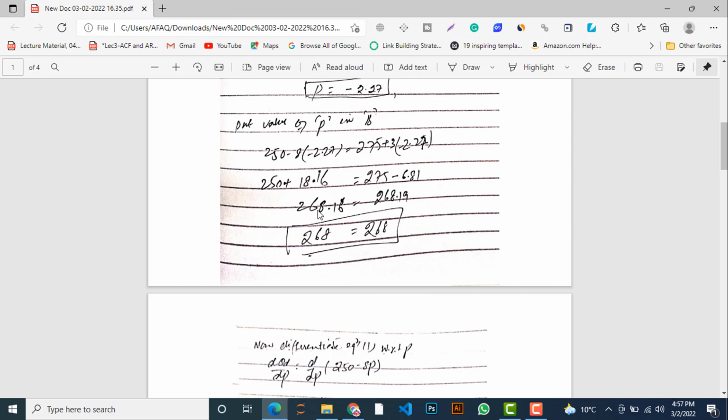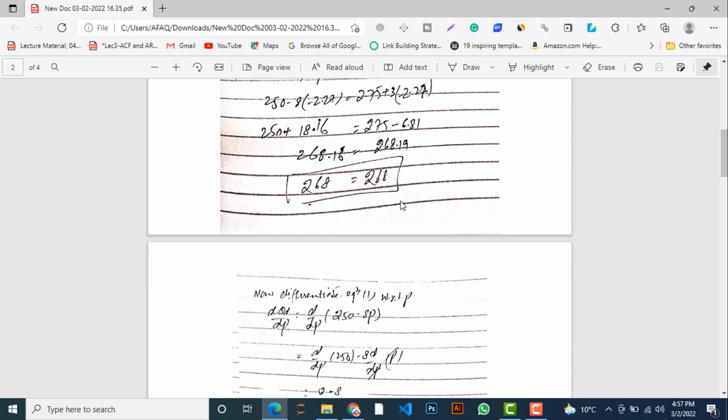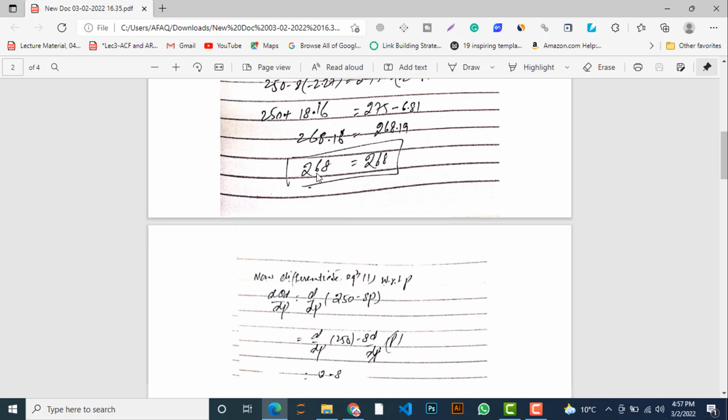By adding this, 268.16 is equal to 268.19. So there is no such difference. We cannot produce quantity in fractional form, so we take it as 268 as a whole number. Both sides are equal. So our doubt about the negativity of the price is cleared.